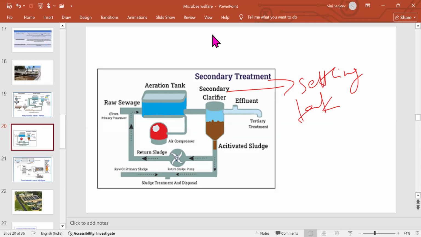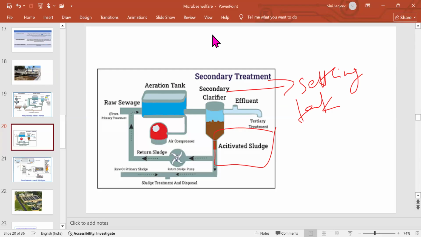Now, what is the outcome of doing all this? That is the primary and secondary treatment, or what is the necessity to do this sewage treatment before letting it into the water bodies? Usually, one main thing which we get is your activated sludge. So activated sludge means what?